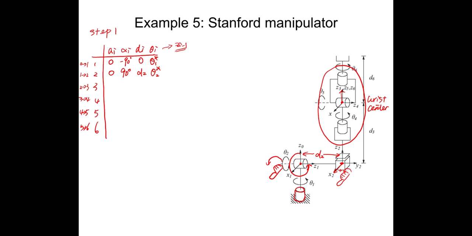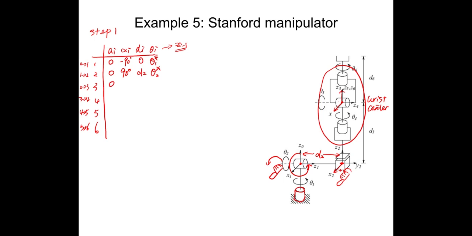So we start to do the analysis. a_i means the projection to the X. Okay, so it seems like Z4 is here, Z3 here, so frames 3, 5, and 6 have the same X and the same Z. Here I have my frame 2, and here I have my frame 3, and for the projection to the X3 axis, z2 and z3 have the same spot on the x3 axis.